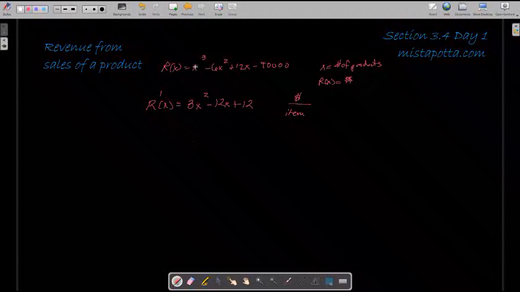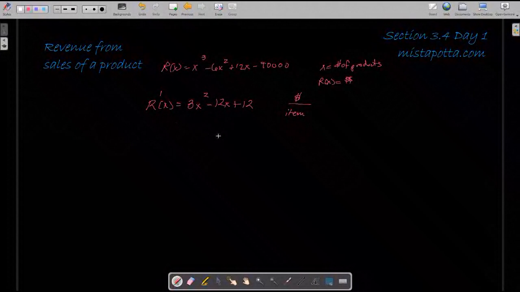Whether I'm adding because I'm selling more items, or I'm subtracting because it takes more raw materials to create more items. I'm given this function, and this function has a cost in terms of dollars per item.